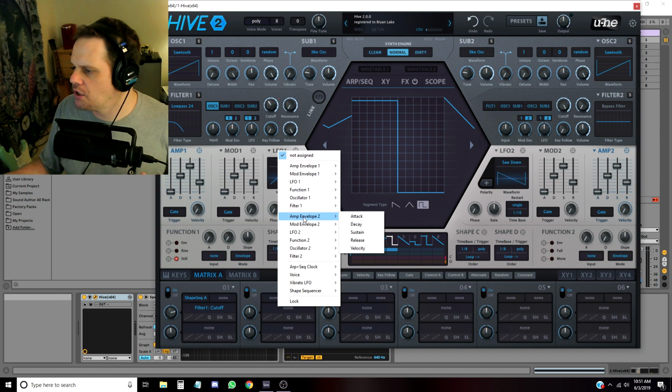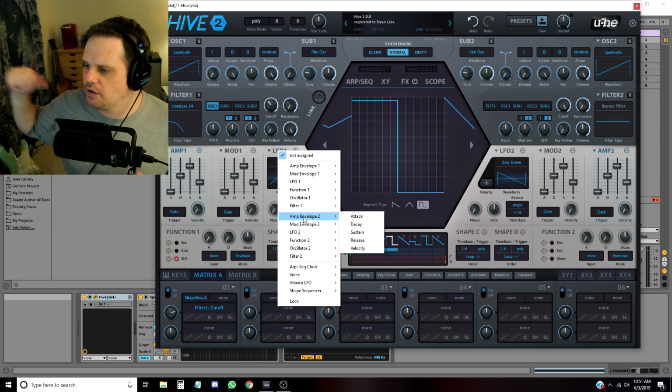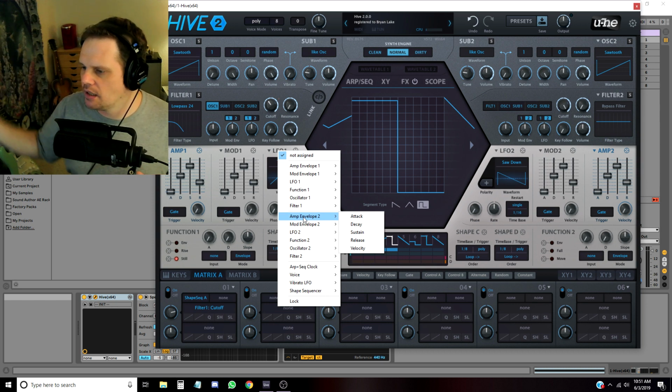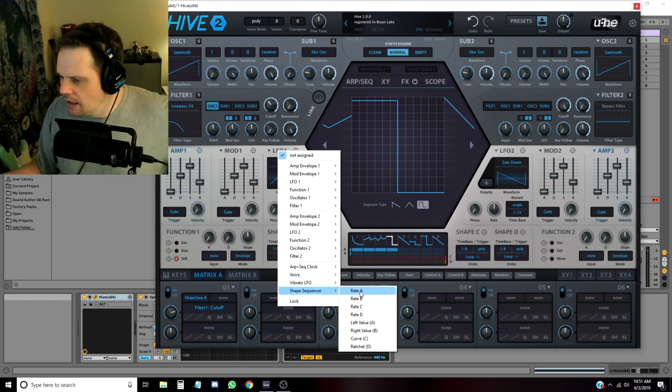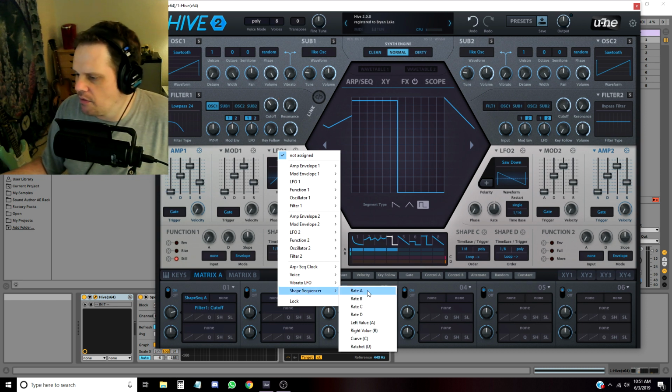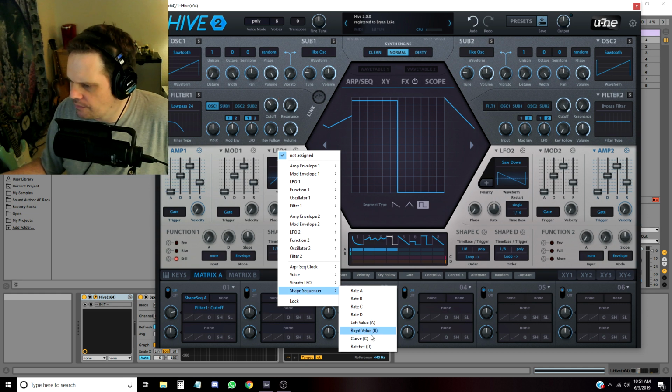You can actually modulate the slope of one of them, and then you can modulate the ratcheting of another one of them. And I thought that was really super cool. Yeah, shape sequencer. So you can modulate the rate of all 4 of them, and then you can modulate the left value of A and the right value of B.